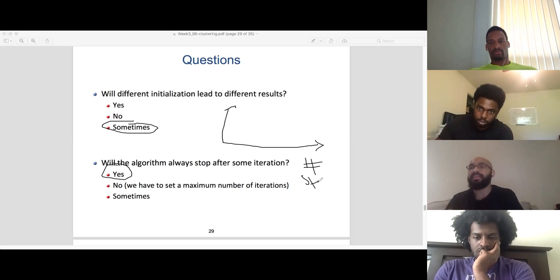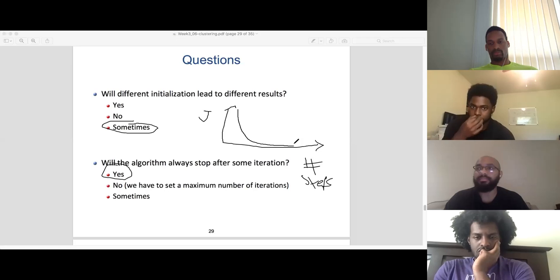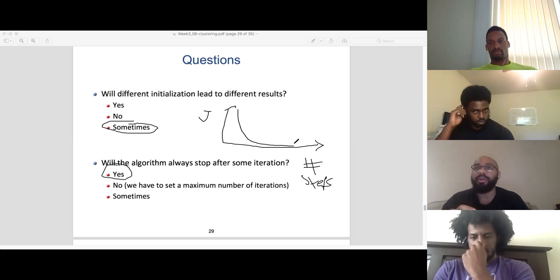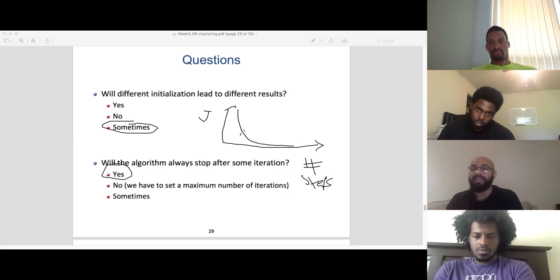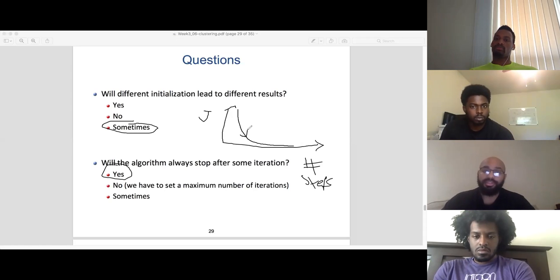You're assigning the data point to the closest cluster, so regardless of what cluster it was assigned to before, the new cluster must be equal or less distance than the old cluster. In the maximization step, you are moving the clusters to the means of the data points, and by nature of a mean, you are also minimizing the distances compared to before. So that's why it always has to stop: because it's a minimization, you're going to reach the minimum. You're going to reach convergence.